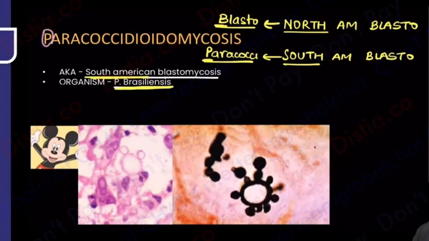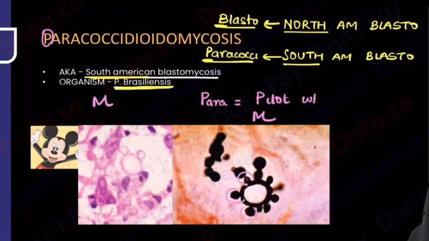Now finally, what do I see in paracoccidioidomycosis? I see a lot of PPMM. What is PP and MM that we are talking about? P will remind me of paracoccidio, which shows me, can you see this, something like a pilot wheel appearance. Instead of a pilot wheel, you can call it a mariner's wheel. It's showing you the pilot or the mariner wheel appearance.